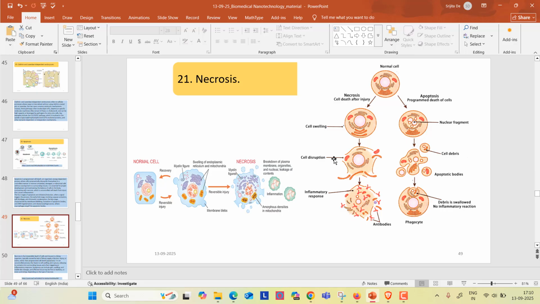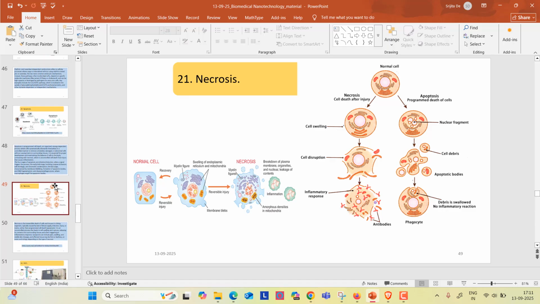But here the cell is swelling and cell leakage is happening, meaning the cytoplasm inside the cell is leaking out of the cell. Now this will completely destroy the cells after some time, and it will lead to some kind of inflammatory response. And here these debris are swallowed by the macrophages. So no inflammatory reaction. So this is the basic difference between apoptosis and necrosis.